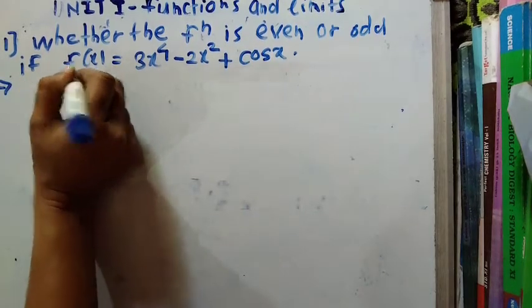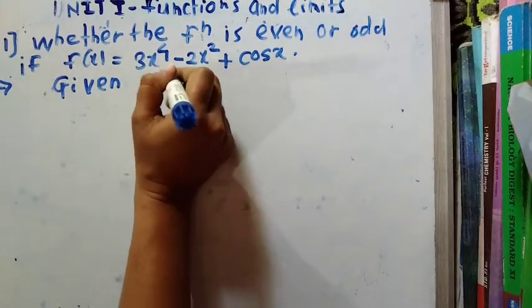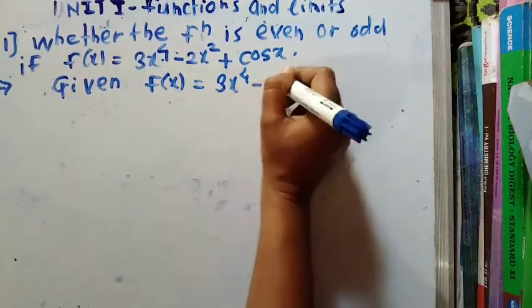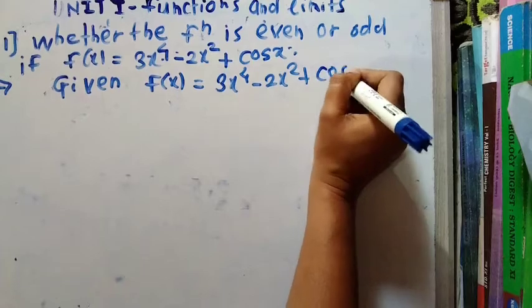So first, given that f of x is equal to 3x^4 minus 2x square plus cos x.